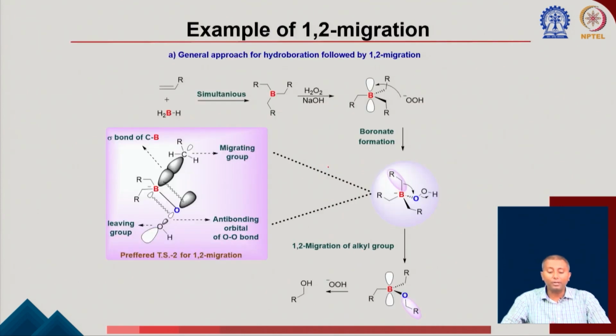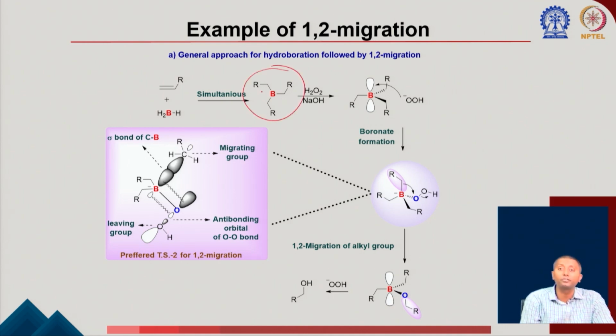So let's first understand what this 1,2 migration is. If you remember the hydroboration-oxidation chemistry, first there is syn addition of boron and hydrogen to the olefin, and after consuming three equivalents of olefin, you end up making the trialkyl boron compound.